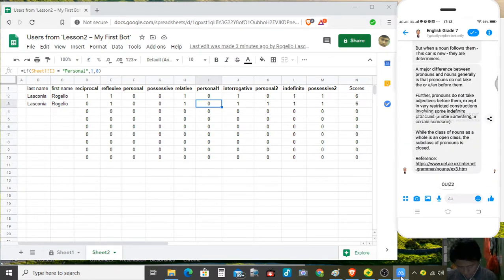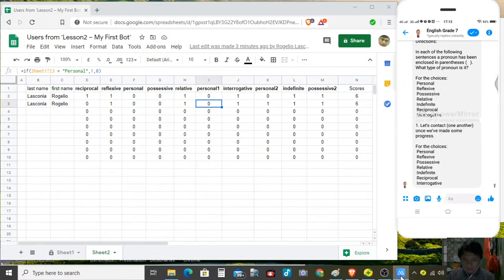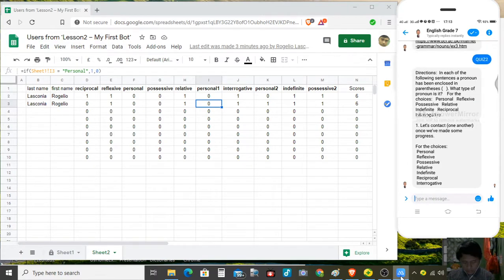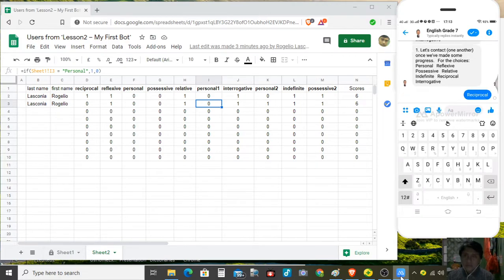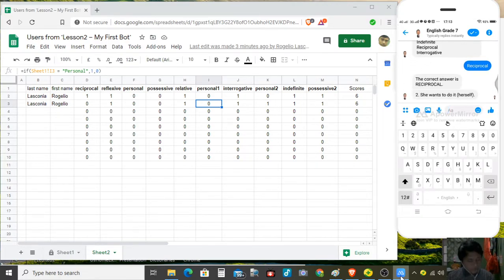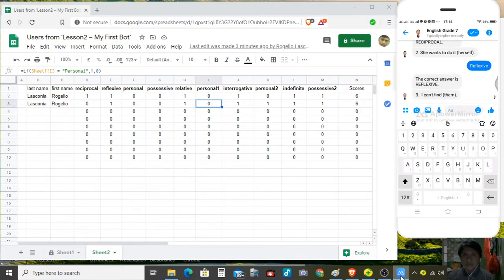Then we have the quiz, which is the same. Number 1, we're going to answer reciprocal. Number 2 is reflexive. Number 3 is personal.